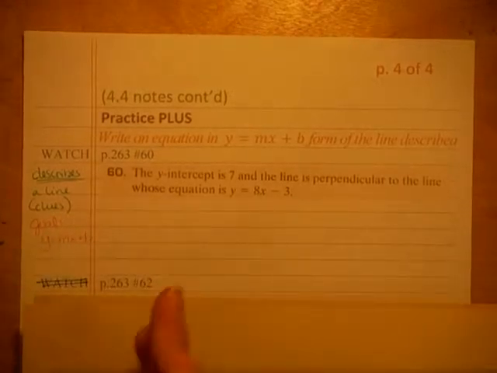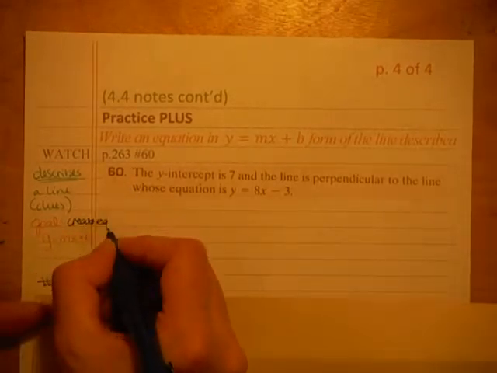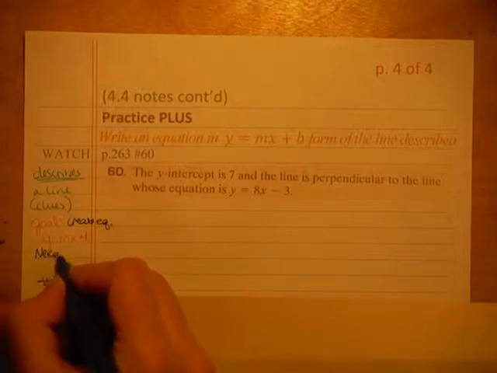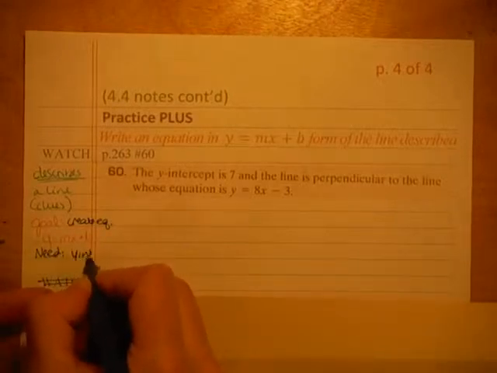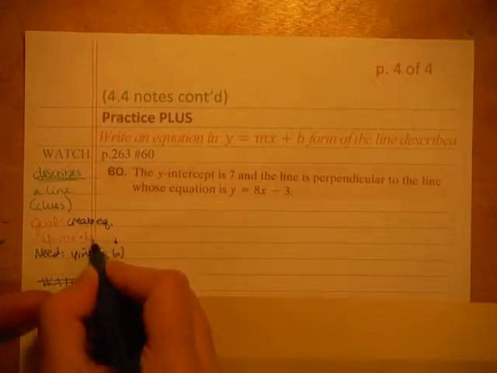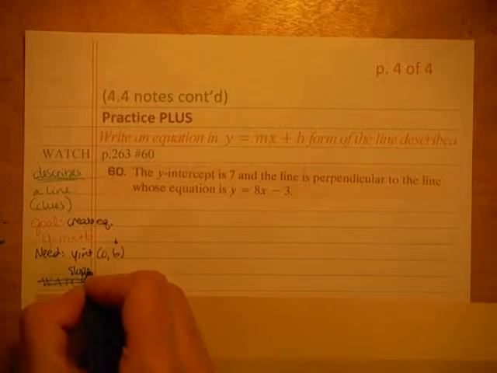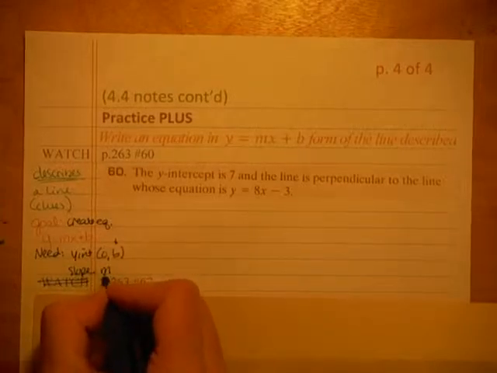So now we're going to take some information and create the equation, which means that we need the y-intercept where it crosses the y-axis, that b value, that y-coordinate of the y-intercept. We also need the slope, which is going to be our m value. So we need the rise over run.